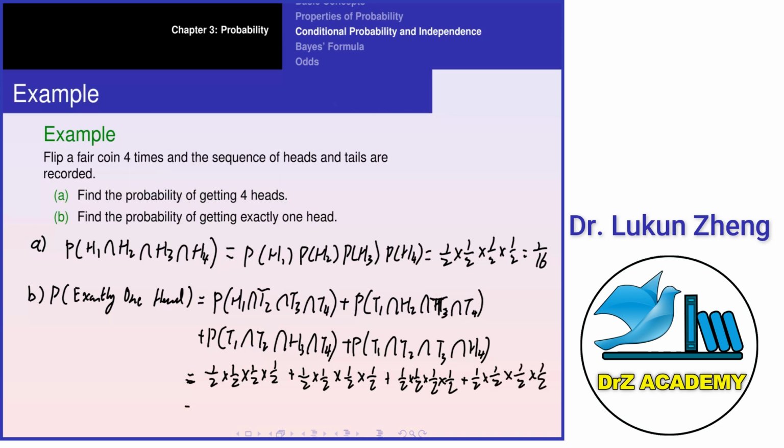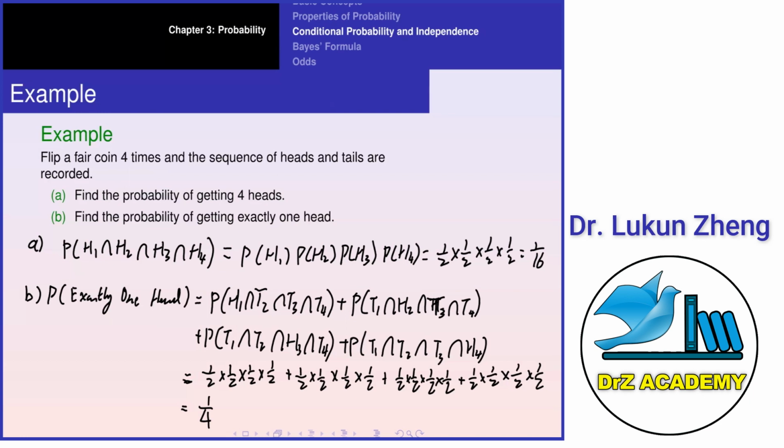You can see that this is 1/4. That's how we find this one. Because they're independent, we can just use the probability of the intersection equals the product of their probabilities. Very good.